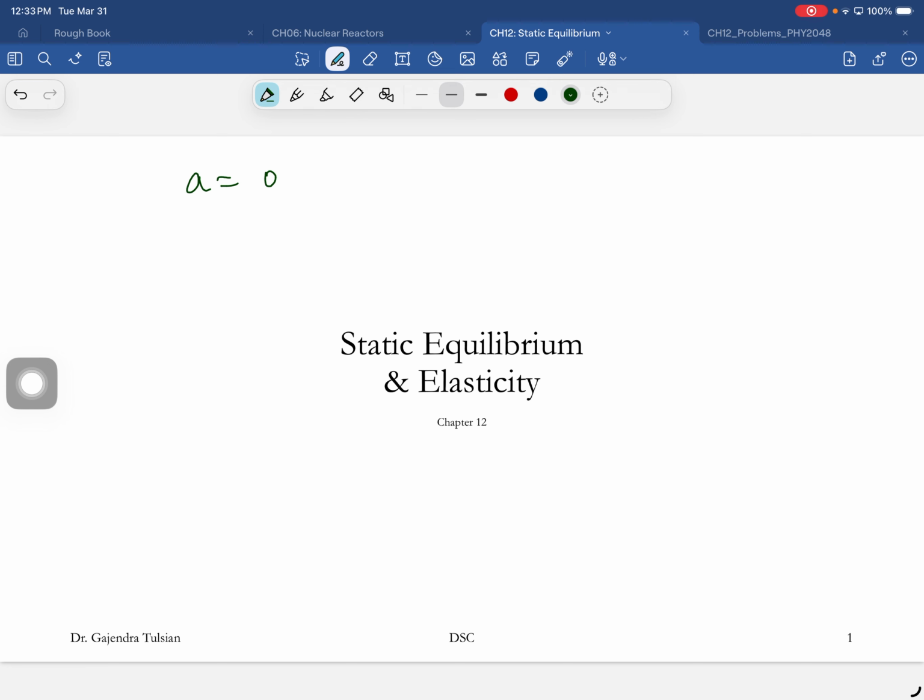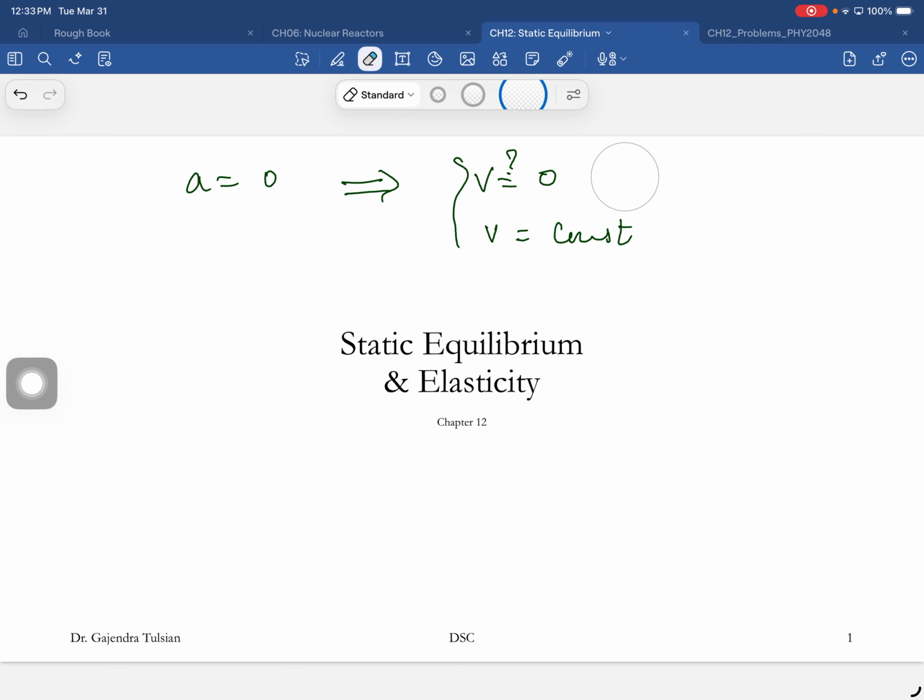Now, does this imply velocity is zero? No. Very good. Acceleration equal to zero means velocity could be zero or velocity could be constant.